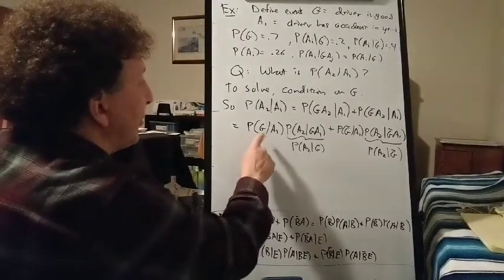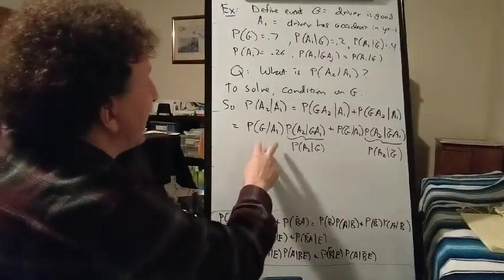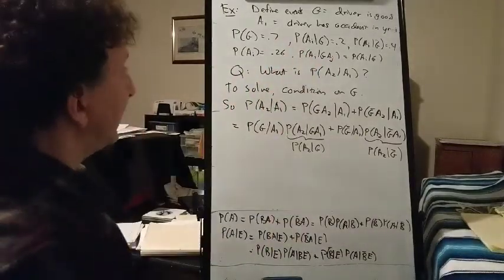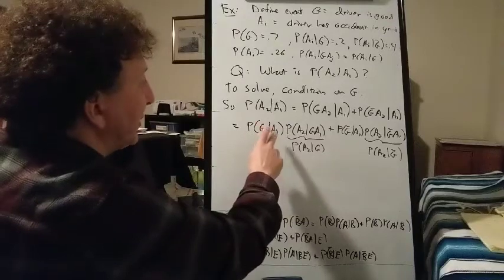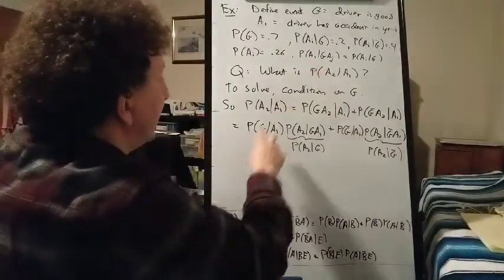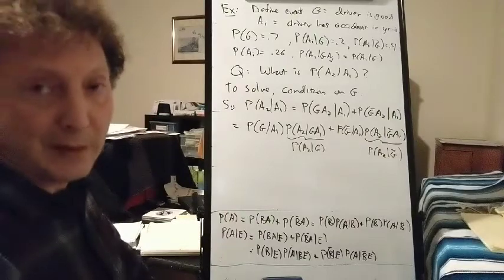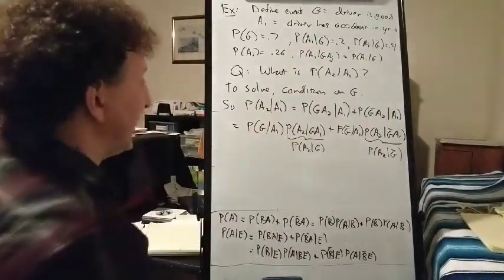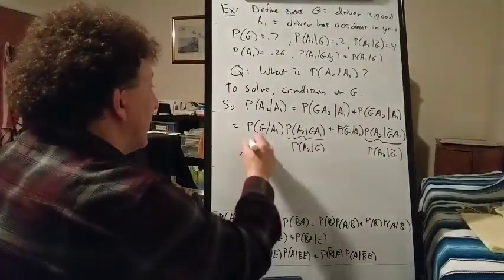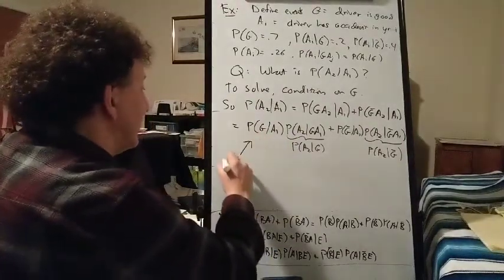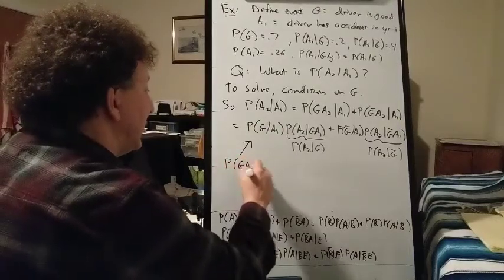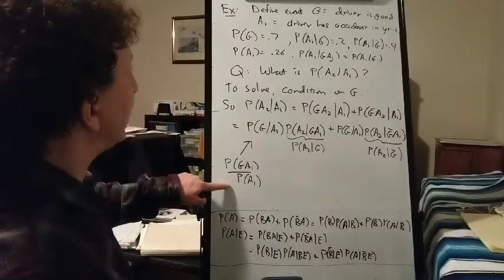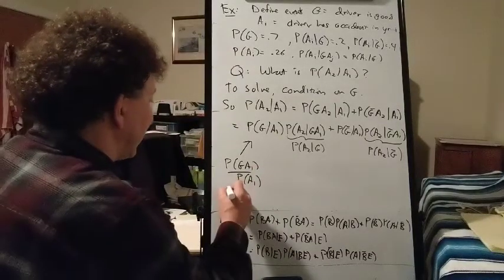So now we need to figure out what probability of G given A1 was, because that is not one of the probabilities that we're given. We're given things of the form probability of A given G. So this is an opportunity for us to use Bayes' law, which helps us turn these around and use the data that we have. So probability of G given A1 is probability of G and A1 over probability of A1, which we computed in the other problem, which is 0.26.